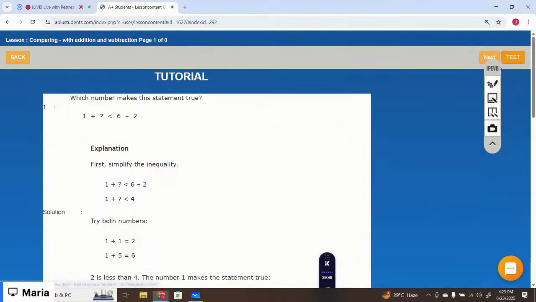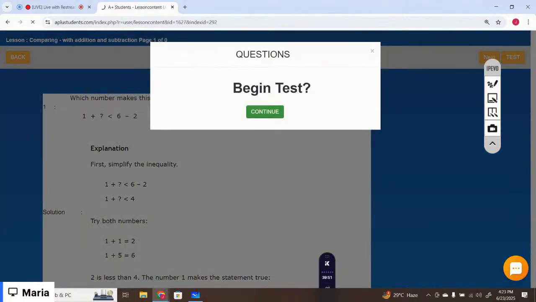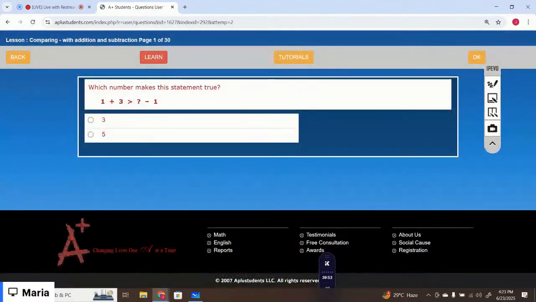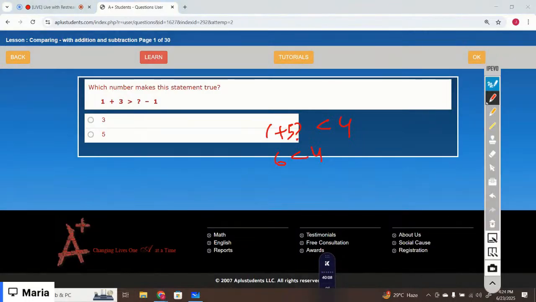Okay, let's just start with the test questions. Which number makes the statement true? 1 plus 3 is 4. 4 is greater than a missing number minus 1.